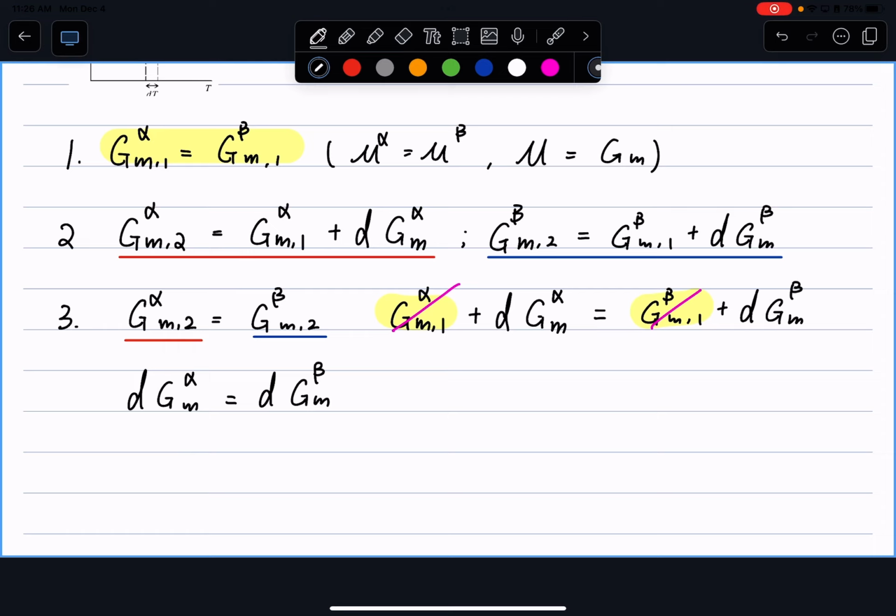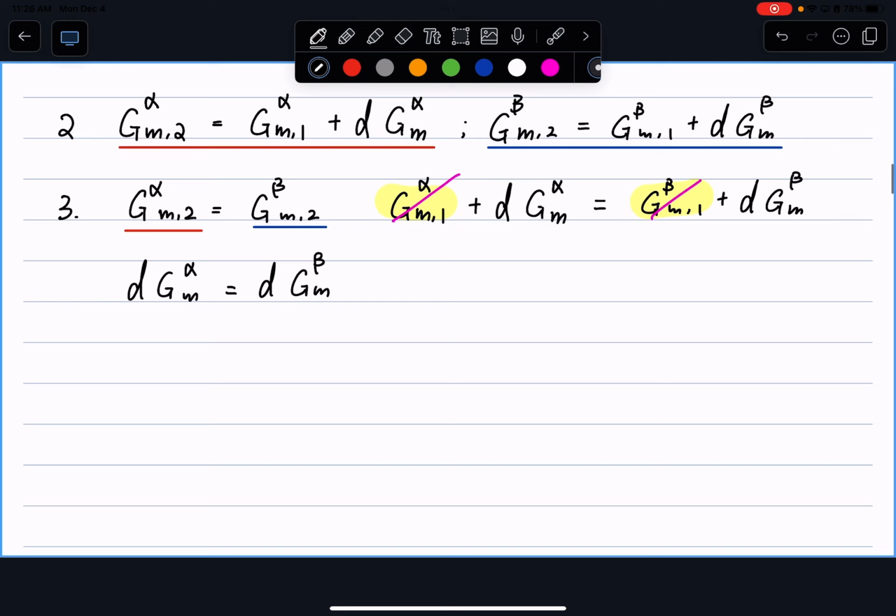Nothing fancy, just moving the terms a little bit. And then we're going to start using our thermodynamics. So what do we know? Now we have our Gibbs equation. So dG equals negative S dT plus V dP. So dGm, the molar Gibbs free energy in general, equals negative molar entropy dT plus molar volume dP.